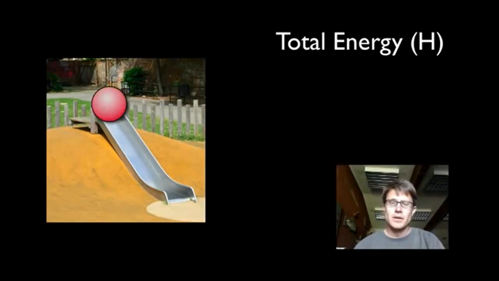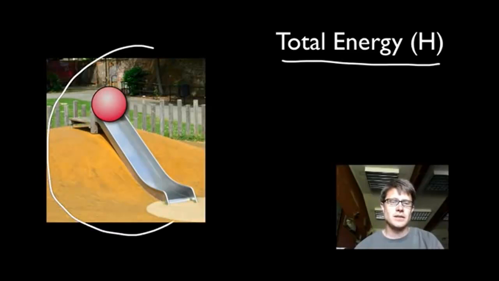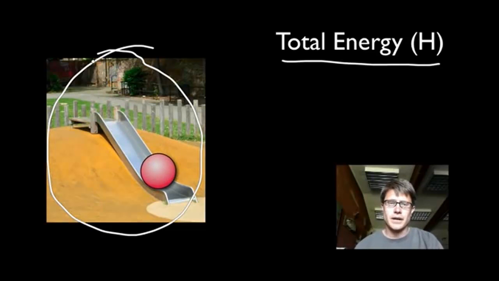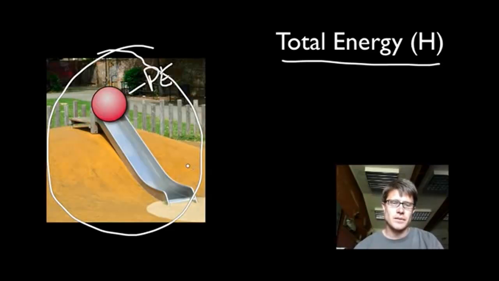And so the first thing that I want to give you is what's called enthalpy, or total energy of a system. If we say this is a system, what happens to the total energy of the system as the ball rolls down the slide? Well, if you know anything about potential energy, the amount of potential energy up here is going to be greater than the amount of potential energy down here.